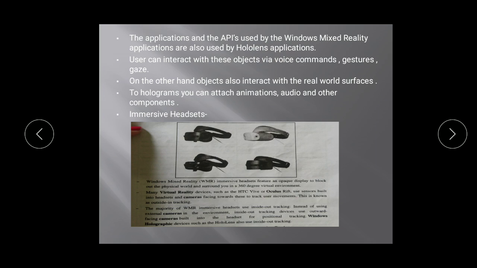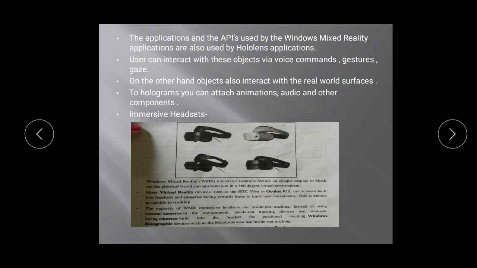On the other hand, objects also interact with real-world surfaces, so these lenses go not only for human interaction but also for natural surfaces, capturing images. You can zoom out, take live pictures, and by continuing to click you can capture actual video. That is also possible in iOS today, on Apple phones and normal phones as well.